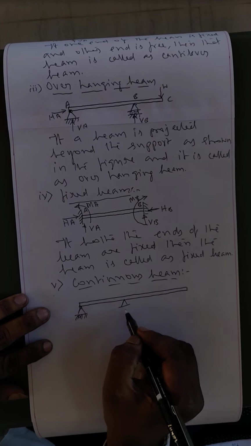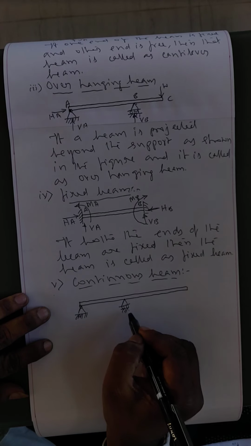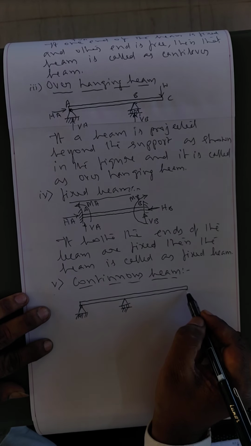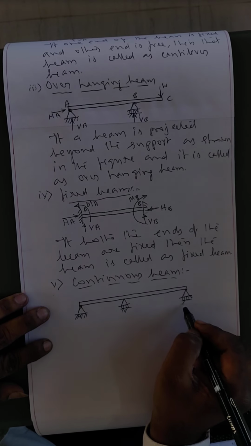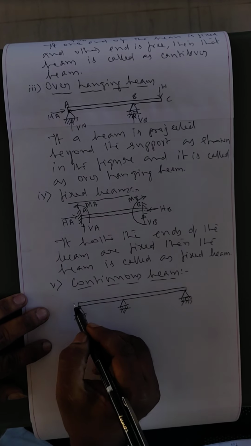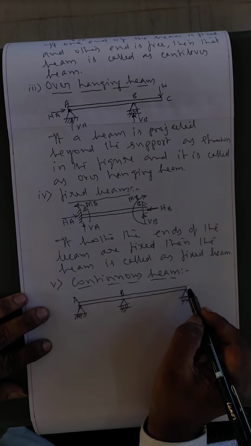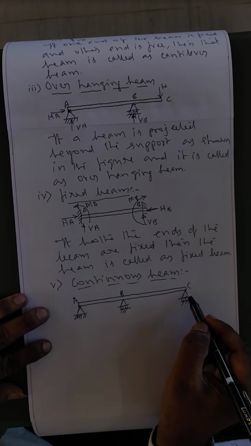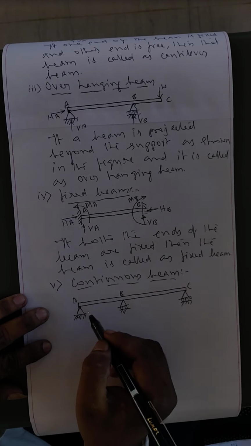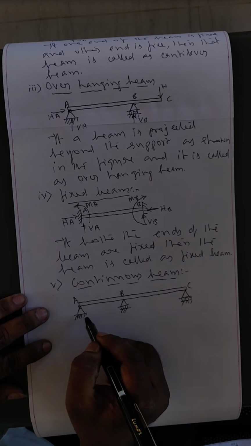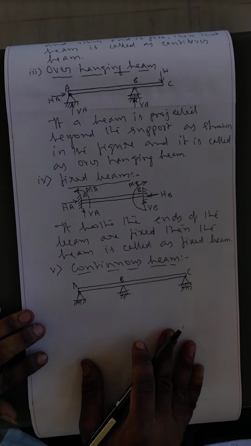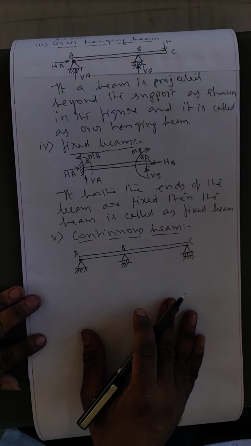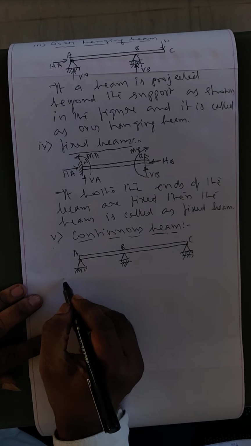One more support here, it is roller support. One more support here, it is roller support. See, A, B, C, three supports are there, or sometimes it is more than 3, 4, 5, 6. Therefore, if a beam is having more than two supports, then it is called a continuous beam.